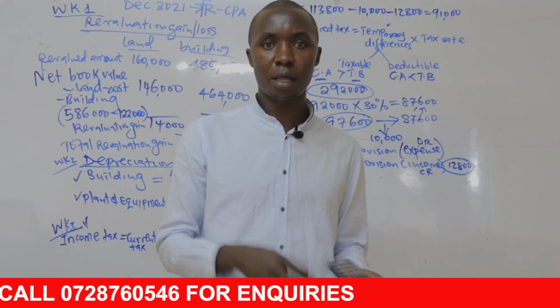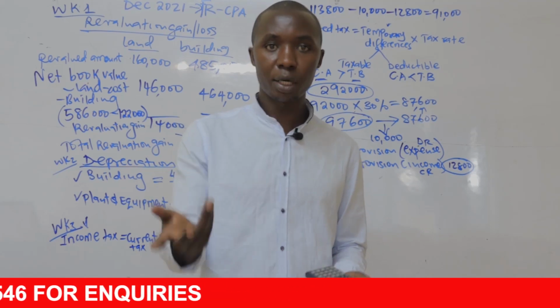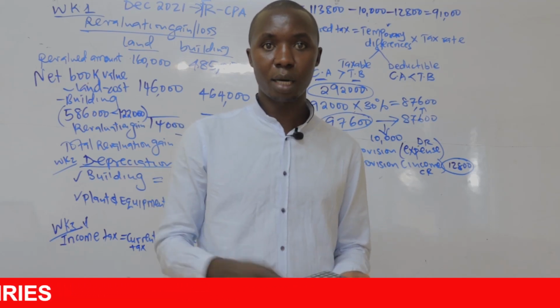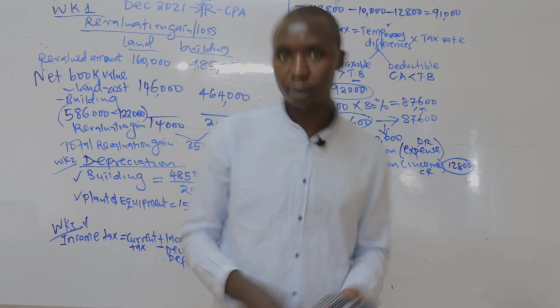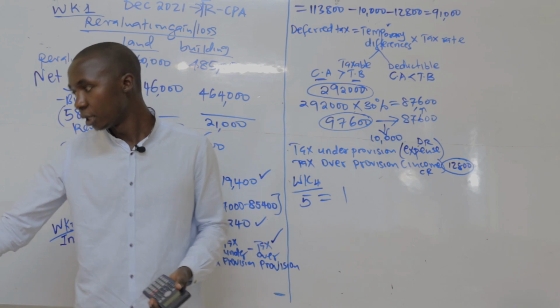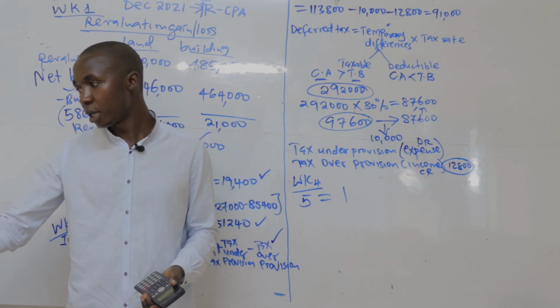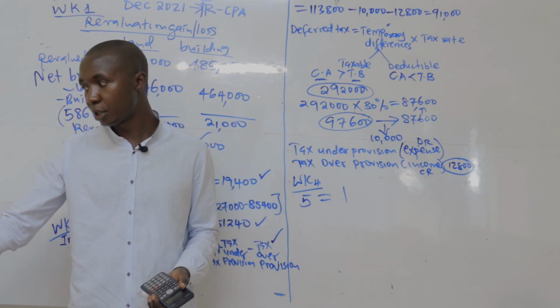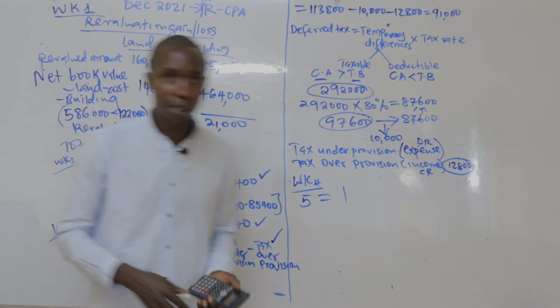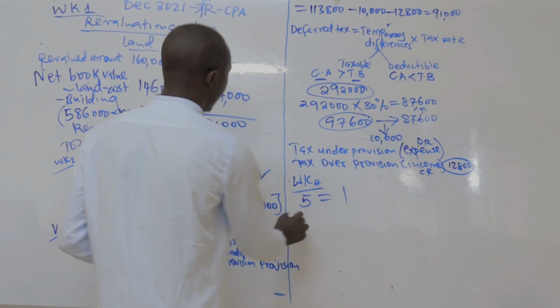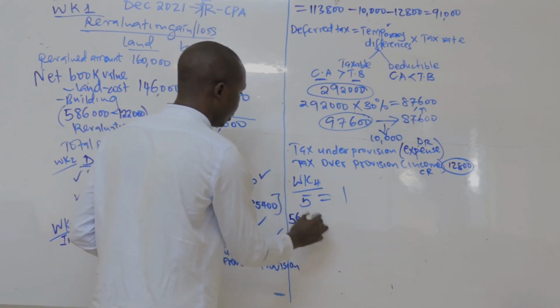How many shares were with the shareholders? We check the ordinary share capital in the trial balance and divide with the par value to get the number of shares. The ordinary share capital is the first item in the trial balance. That is 560,000, and the par value you can see there is 10. So the number of shares with the shareholders is 56,000.